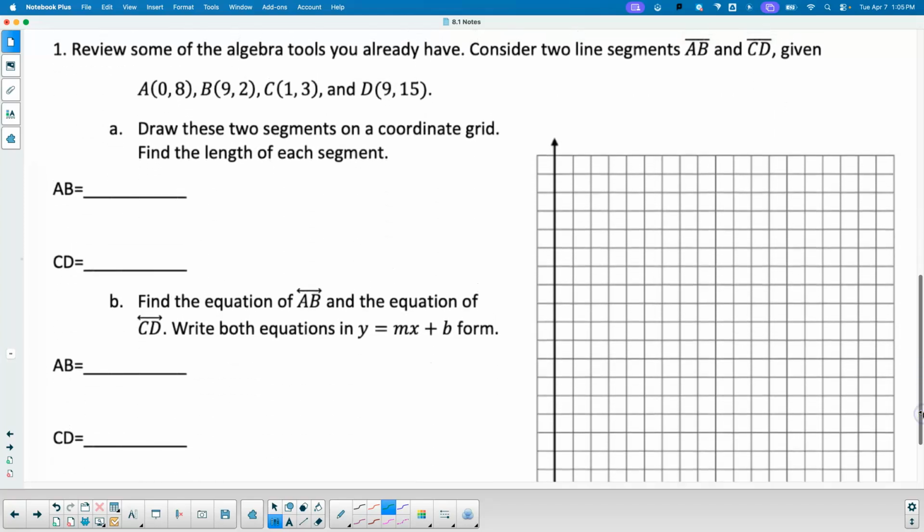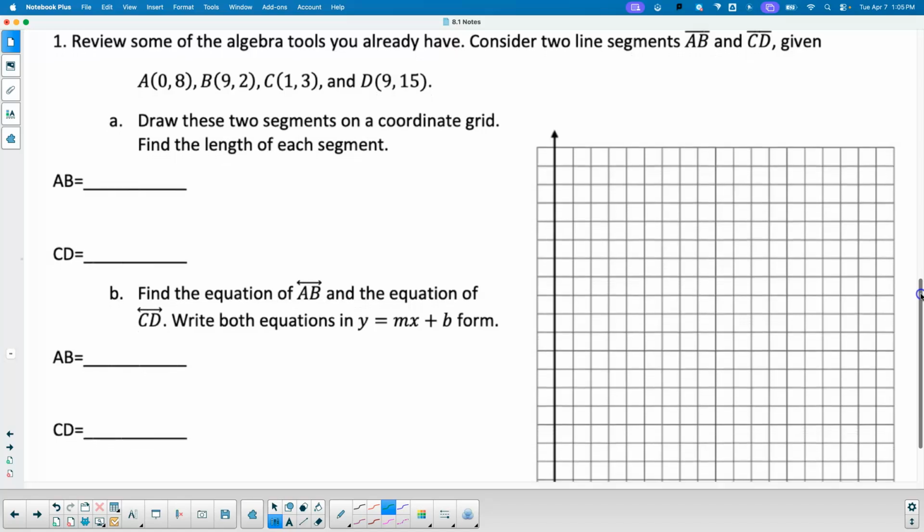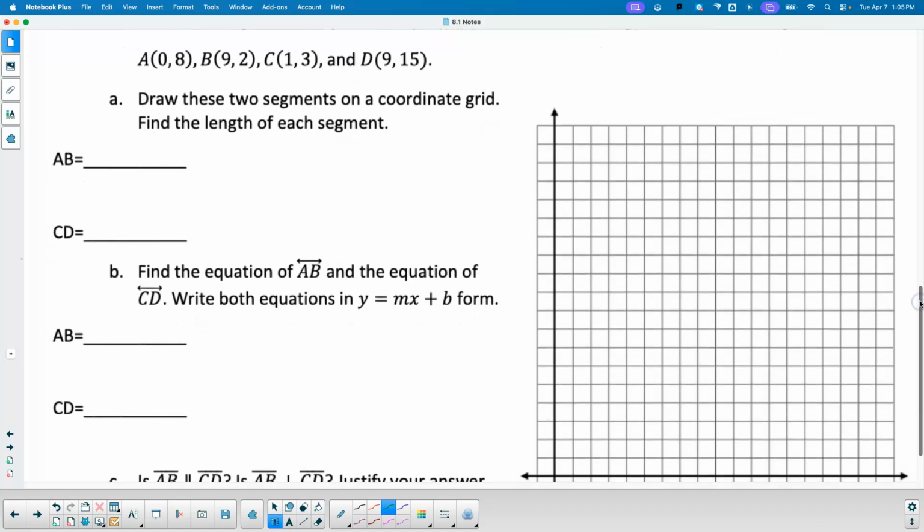Consider the two segments AB and CD. We should first probably plot segments AB and CD. Point A would be at 0, 8. So that's 1, 2, 3, 4, 5, 6, 7, 8. So here would be point A, and you've got to label it with a letter.